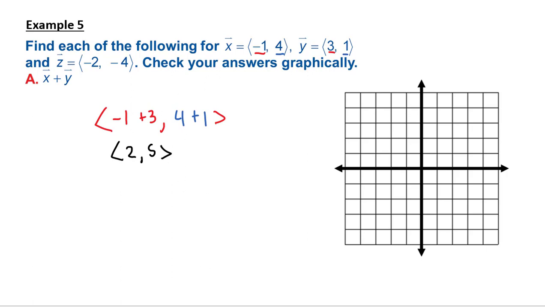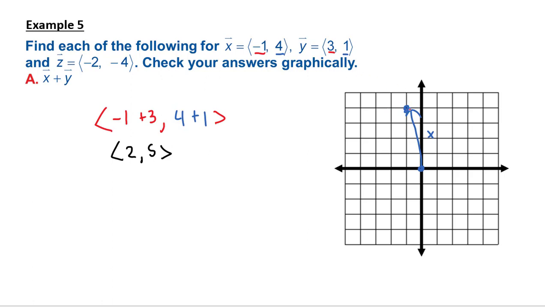Okay, so let's show you how this works graphically. So x, I'm going to start x at 0, 0. I go 1 to the left and 4 up. So that's vector x. Vector y goes 3 to the right.